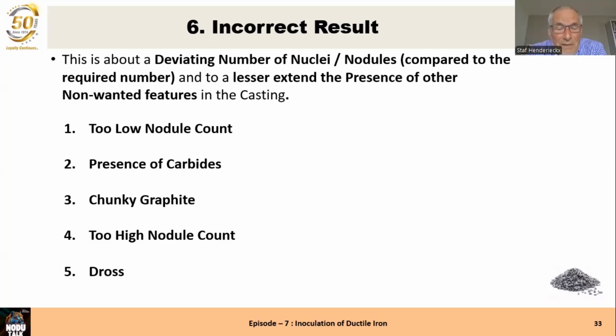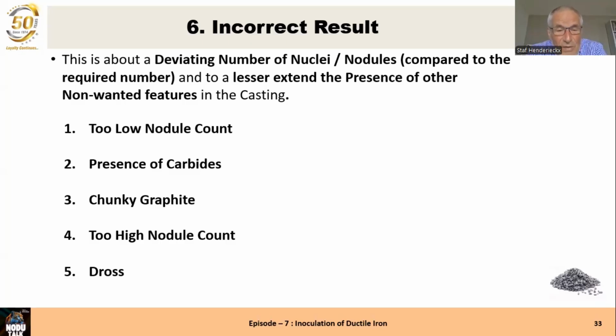What can we have? Too low nodule count. We don't like that because we know when we have too low nodule count, we risk micro shrinkage, and we risk that the mechanical properties will not be that good. We risk the presence of carbides. We risk chunky graphite. There can be a too high nodule count, and we can have dross.